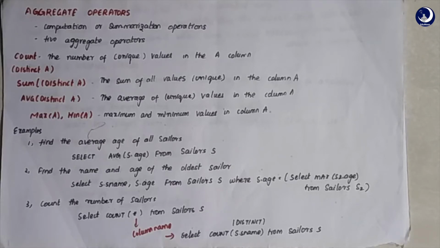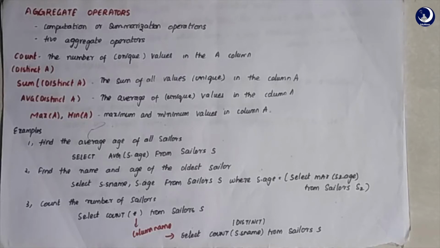So SQL provides such aggregation operations that allow us to perform summarization and computation on the database. We have 5 such aggregate operators, which are count, sum, average, min and maximum. So let's look at each of them.